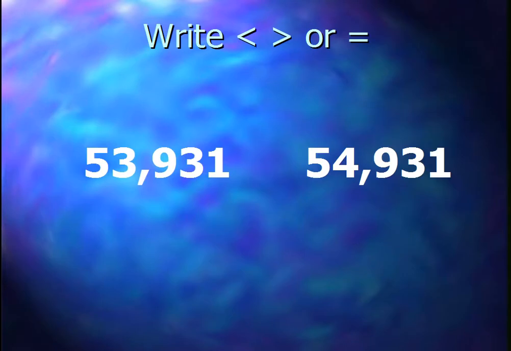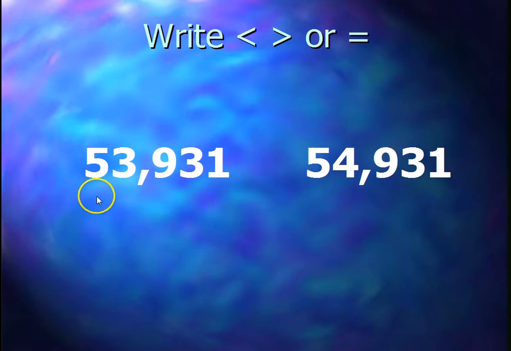All right, so we're going to decide, are we going to write greater than, less than, or equal to in this case? Well, let's take a look at our numbers. We're going to start from the left on both of these sides. Starting in the 10,000s spot, I've got a 5 here and a 5 here. So we're going to compare these two numbers.